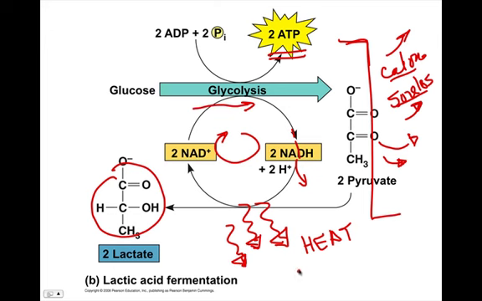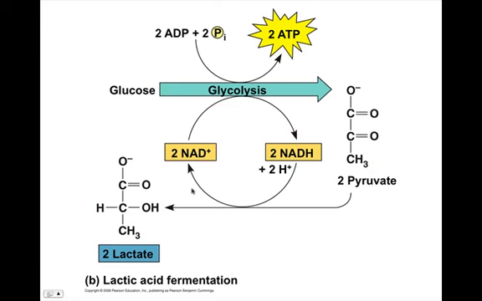Some of the calories are captured because this lactic acid is eventually converted in the presence of oxygen, so there's energy stored here that's going to be used later. But lots of energy is lost in heat in fermentation pathways.